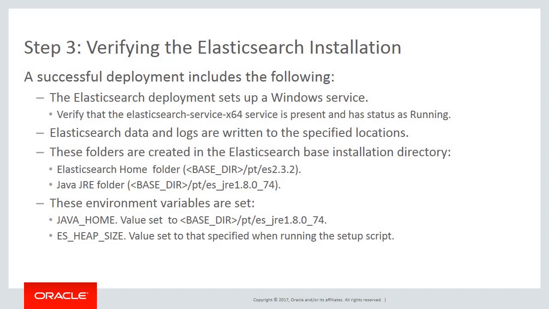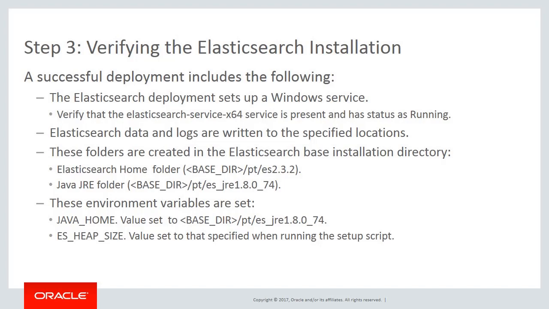On your environment, you may perform checks on the file structure and environment variables to ensure that the deployment is successful. This includes the Elasticsearch Windows service, data and log files, folders for Elasticsearch Home and Java JRE, and environment variables for Java_Home and es_heap_size.